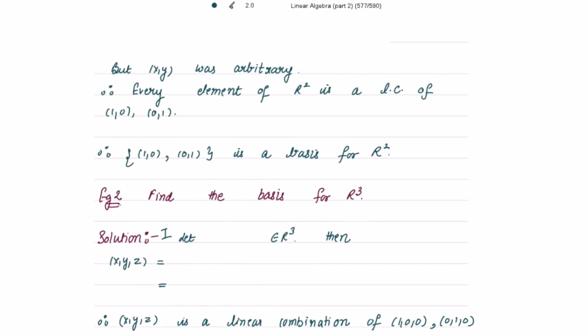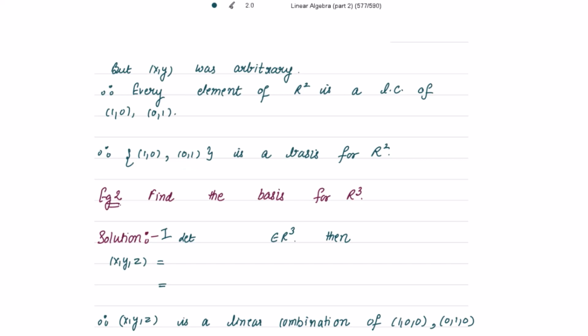Because (x, y) is arbitrary, every element of R2 is a linear combination of these vectors. This is the definition of a generating set. The set that generates the vector space is such that every element of that vector space is a linear combination of these vectors. So therefore (1, 0), (0, 1) is a basis for R2.